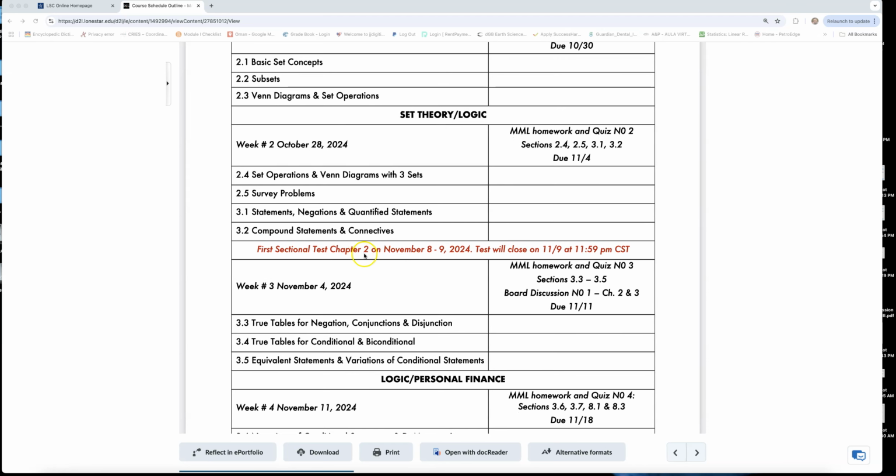That test is scheduled for this coming weekend, on November 8 and 9. So you're going to have 2 days to take the test.